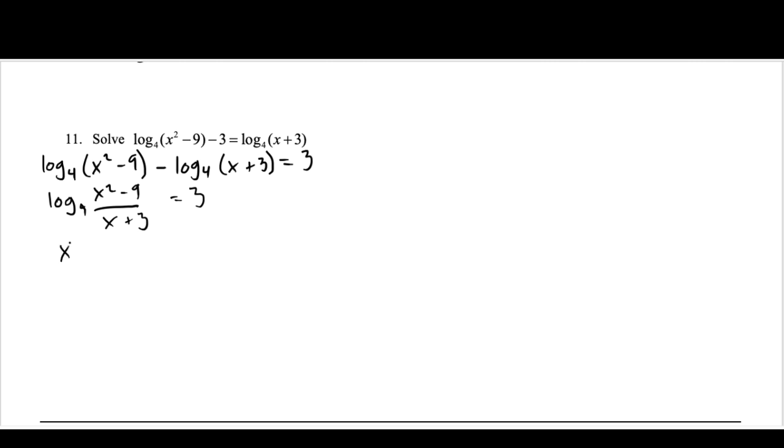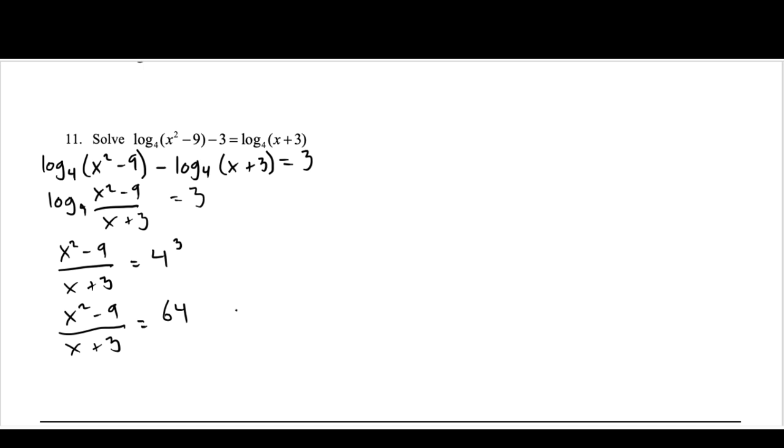I will get (x squared minus 9) over (x plus 3) equals 4 cubed, or (x squared minus 9) over (x plus 3) equals 64. And then we proceed from here.